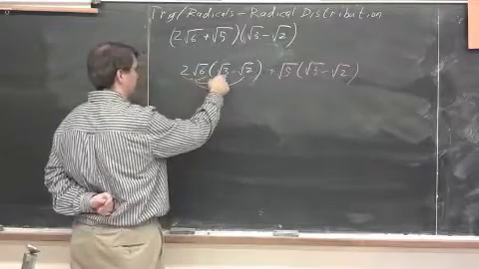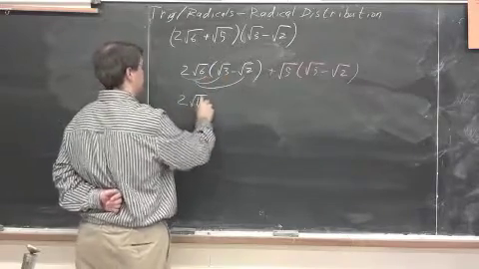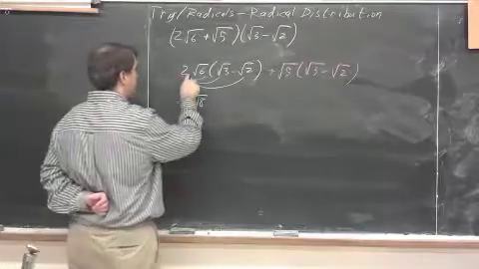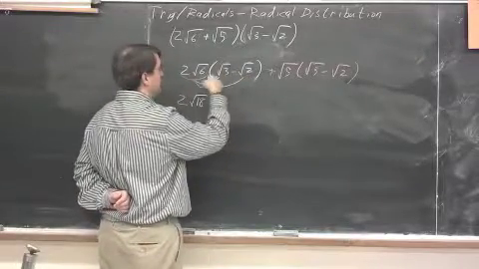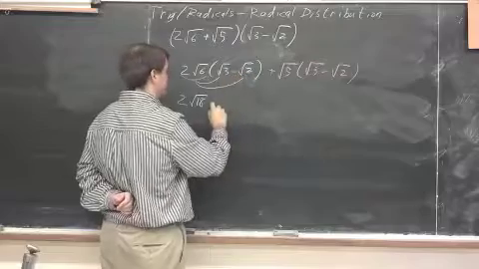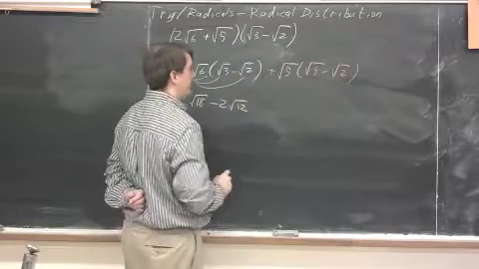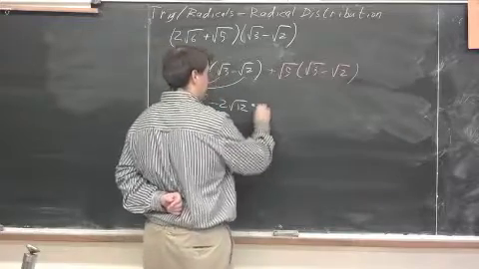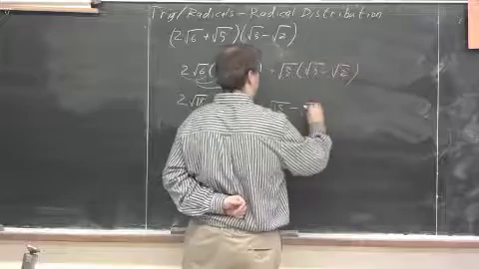So 2 radical 6 times radical 3, I multiply the radicals together, I get 2 radical 18. 2 root 6 times minus root 2, root 12, 2 root 12. And then here we have plus root 15 minus root 10.